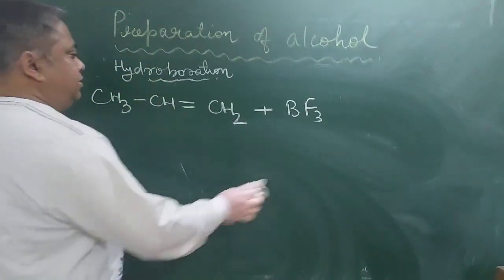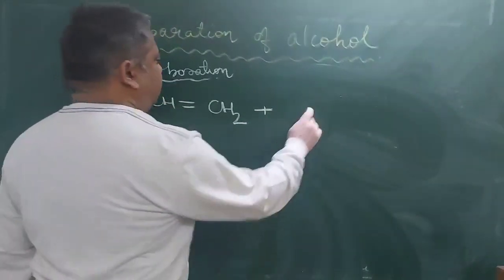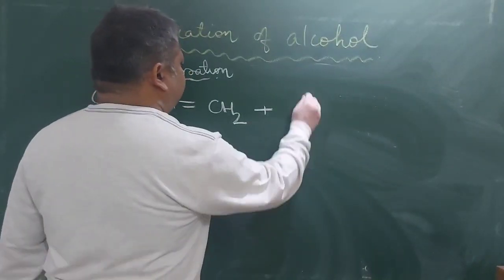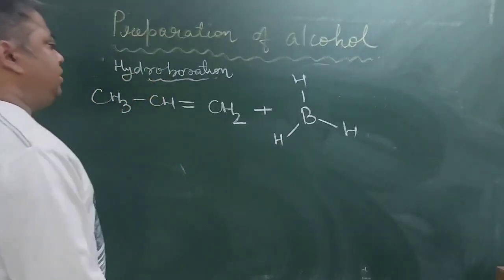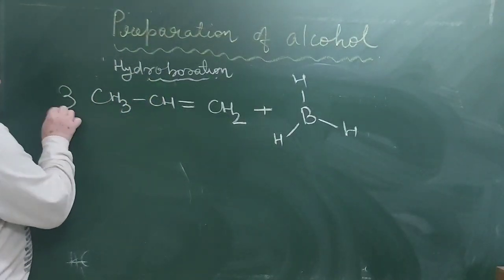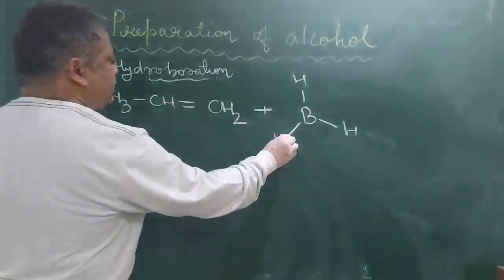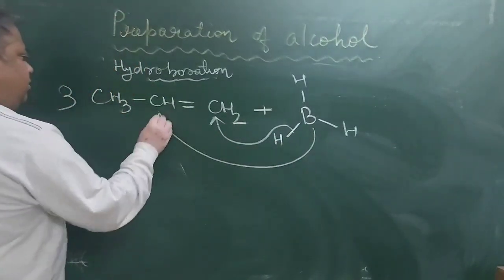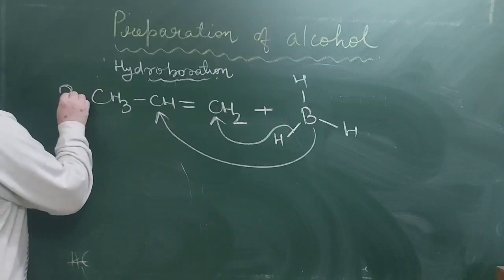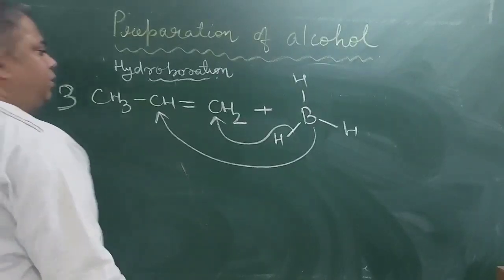So this is nothing but BH3, BH, H and H. Now 3 molecules of this will get hydrogenated. This will come here and this will come here. So if it happens 3 times, then what will be formed?